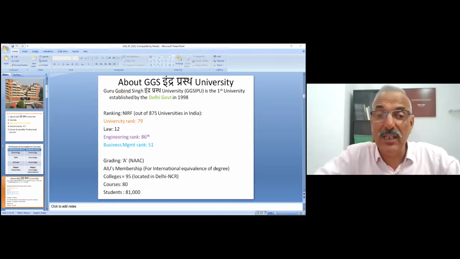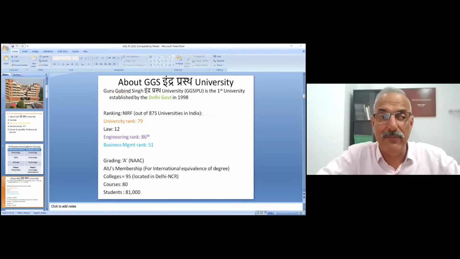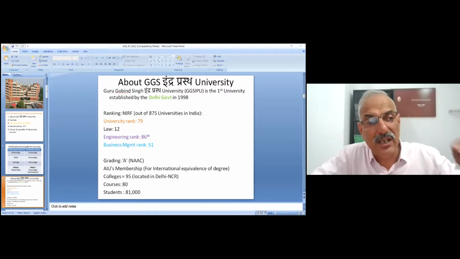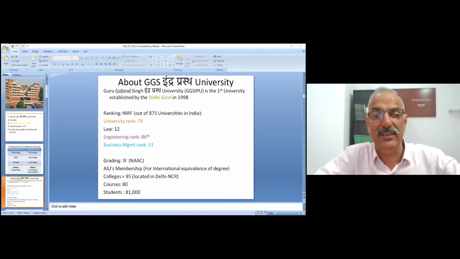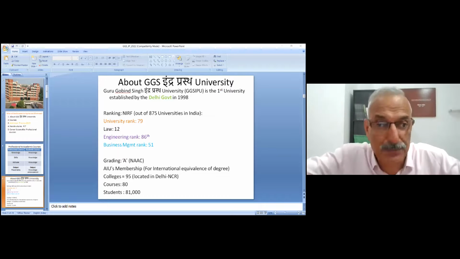As far as law courses are concerned, the ranking is very good. IPU's law courses are ranked at number 12 in this country. In engineering, the rank is 86th. Again, 86 means what? 86 means among the top 10%. And as far as MBA is concerned, the ranking is 51, which means among the top 6%.